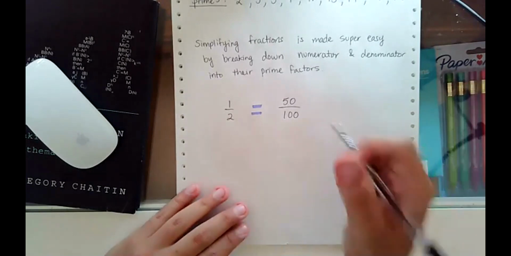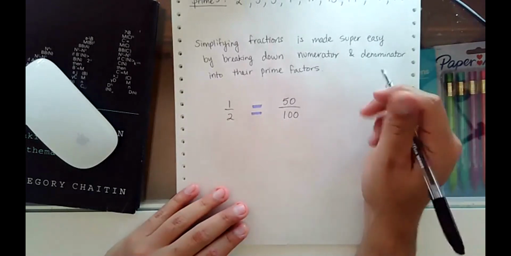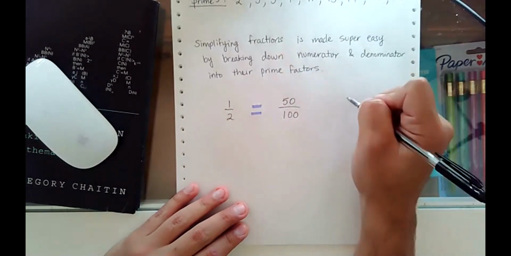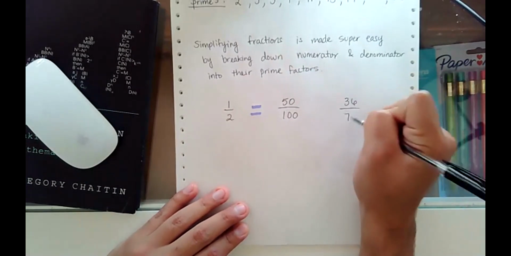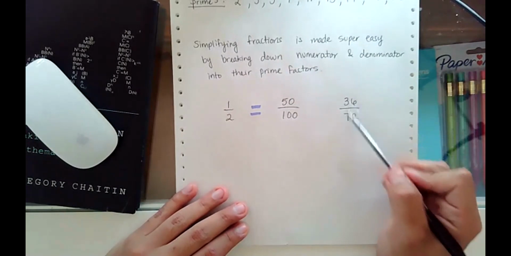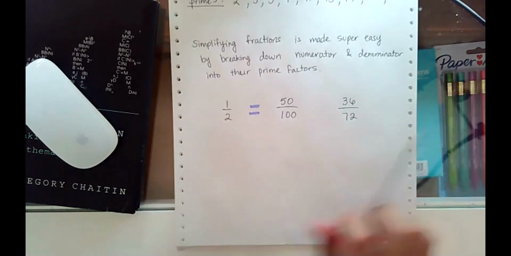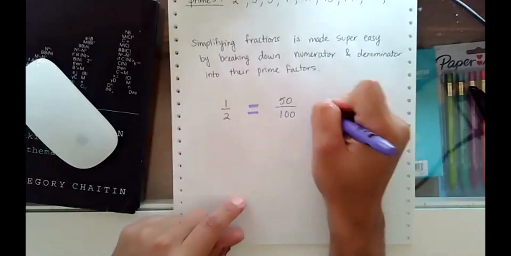Or if I asked you, can I write this as 36 over 72? Does this have the same value as these? Yes. Why? Because 36 is half of 72. Yeah, and I could play that game all day, right?